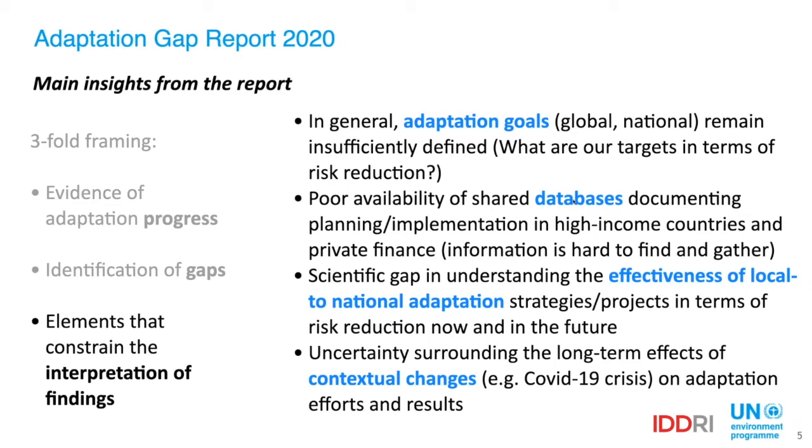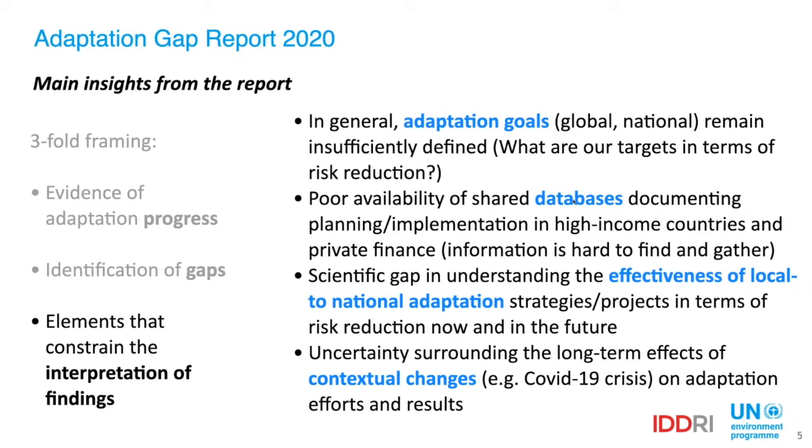These goals remain insufficiently defined, so it's hard to understand what the targets are in terms of risk reduction, and so to assess progress against these targets. Also, there is poor availability of shared databases documenting planning and implementation in high-income countries, but also documenting private finance. That means that the information most of the time exists, but it's hard to find and to gather.